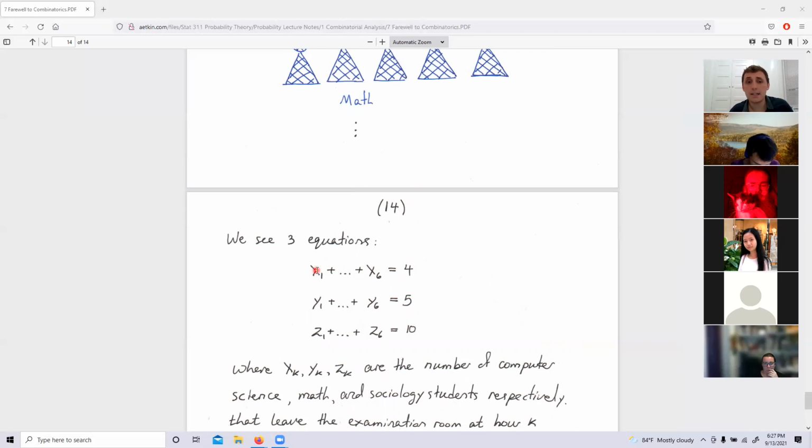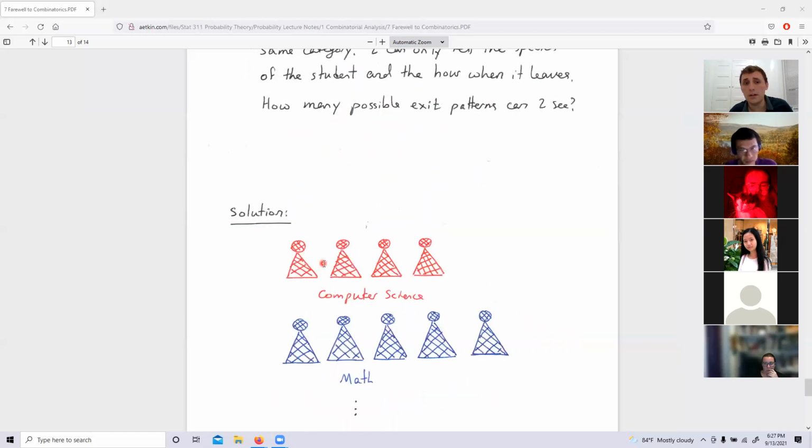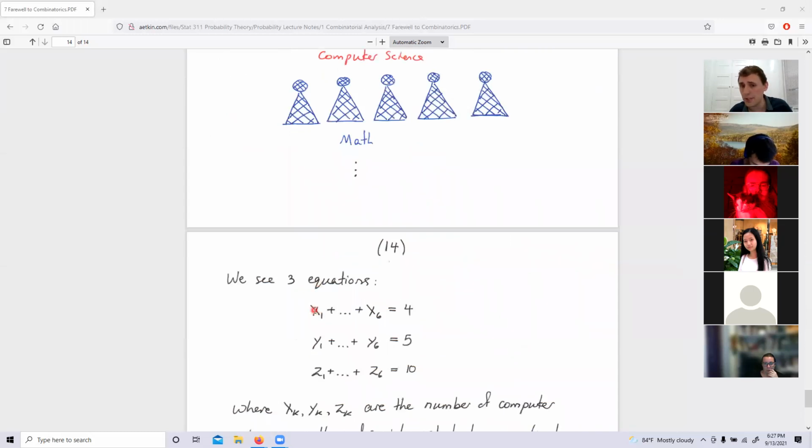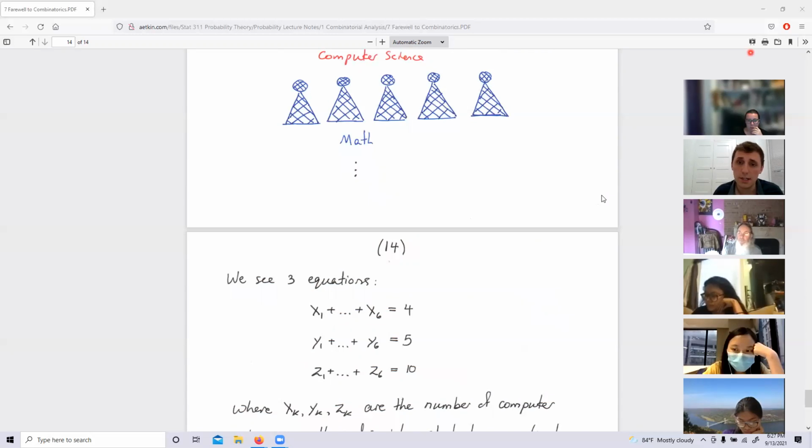X1 represents how many computer science majors the first hour gets. X2 represents how many computer science majors the second hour gets, you see? In this case, the hours are my hypochondriacs and the students are my toilet paper. Good?